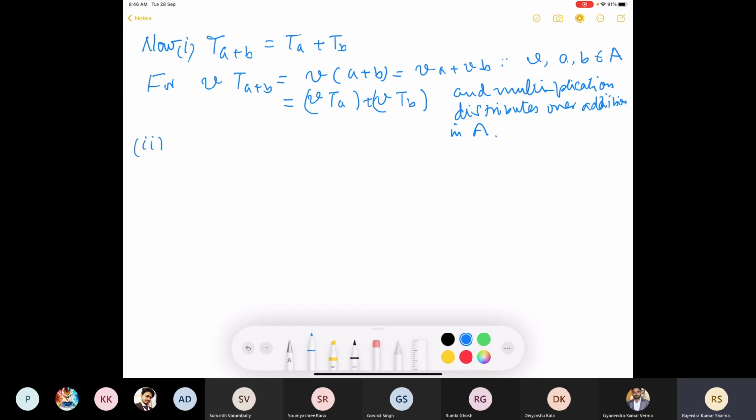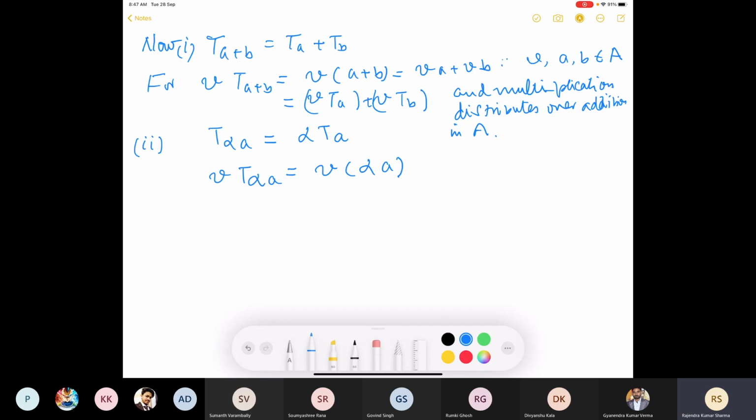The second thing that we wanted to prove is that T of αA is the same as αT_A. So once again, for every v in V, v under T_{αA} is v multiplied on the right by αA.